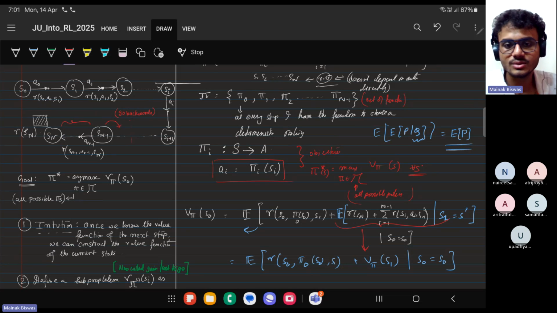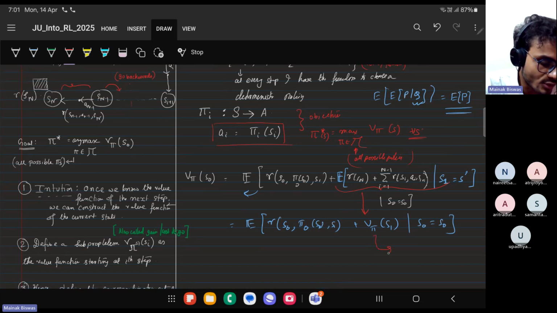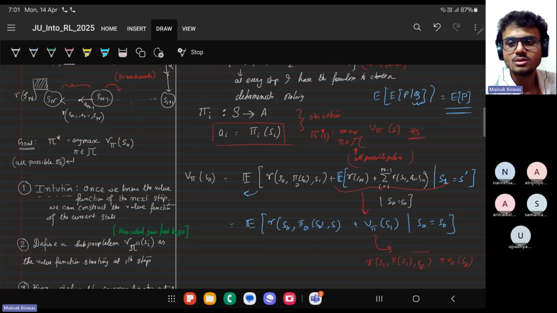And you keep doing this. So now you can see there is a pattern to this. Again, V pi of S1 would depend on R of S1, pi of S1, plus V pi of S2. Yes or no? Yes. So you can see a recursive pattern.